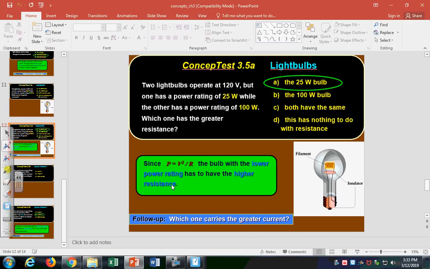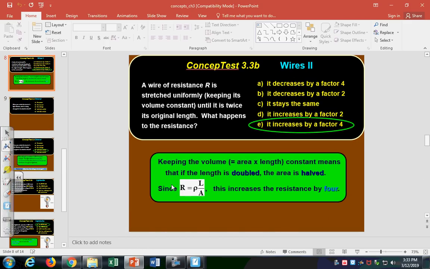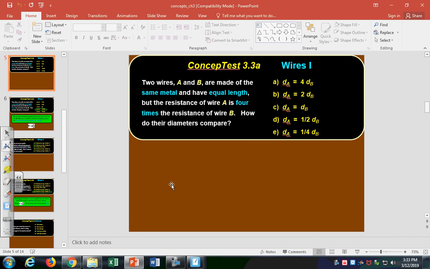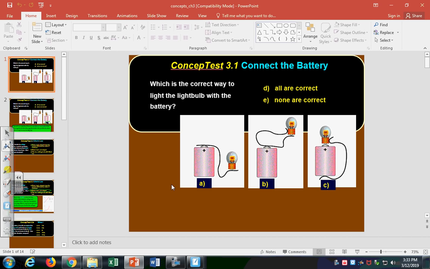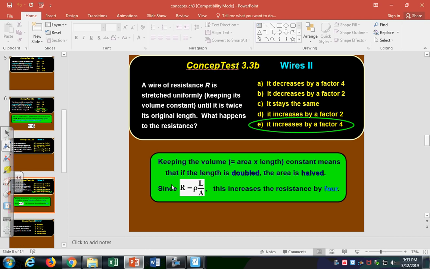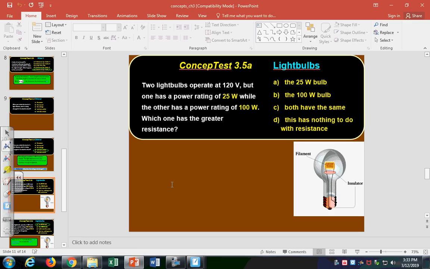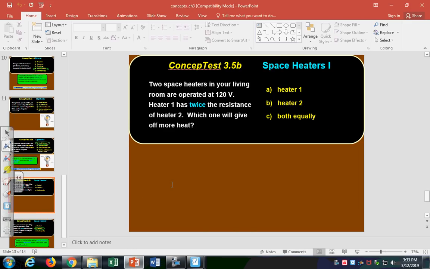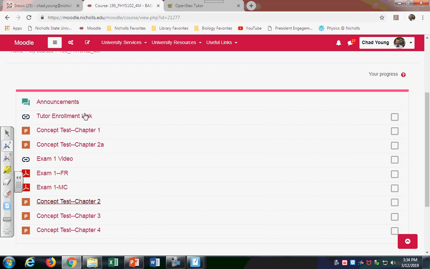Which one? Where is it? Was it in the one that I posted online? I know it should be in Chapter 3, right? Starts talking about brightness. Yeah, I don't see it. Let me download it. Maybe it's a different file on Moodle.